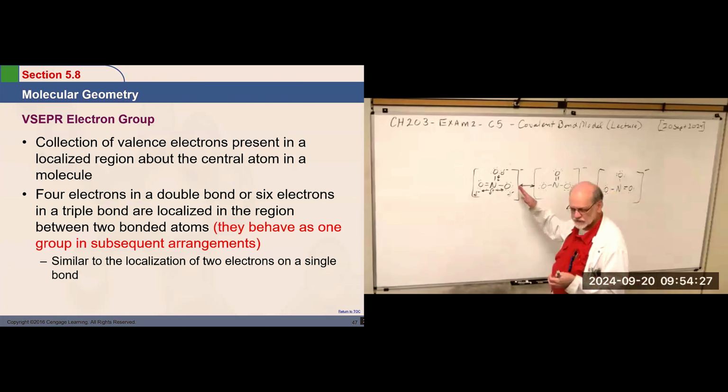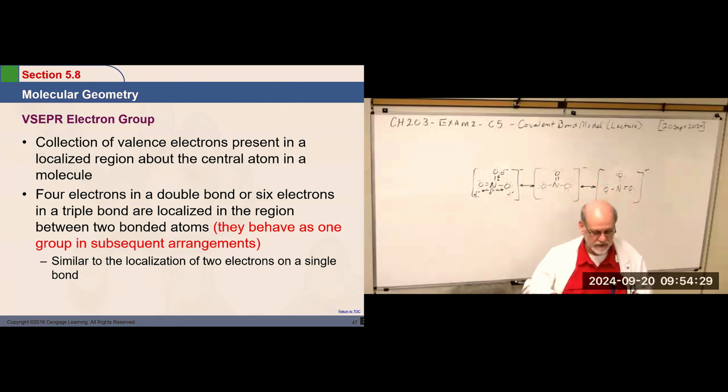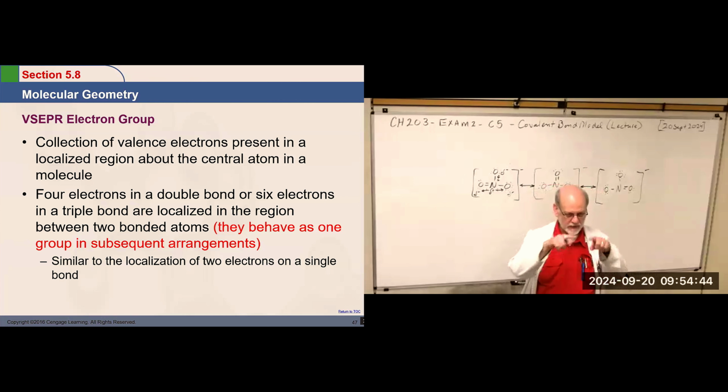You have to draw the Lewis structure first. Then we can view them in a three-dimensional space. There are regular shapes from which we start, like linear, equilateral triangle, or tetrahedron. Everybody knows what a tetrahedron is.